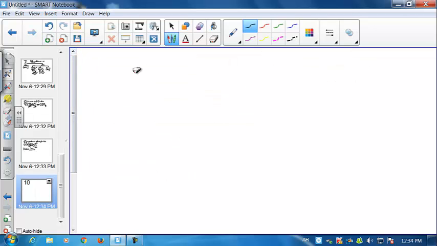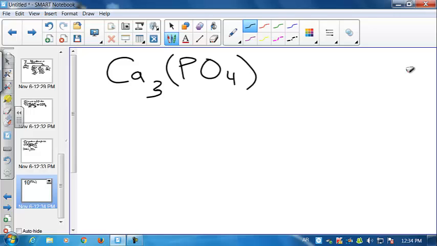Right. Name this compound. Calcium phosphate. You name it. Okay, so this is the cation, so we name it as it is, calcium. And this is the anion phosphate. This is a polyatomic ion, so we name it as it is.